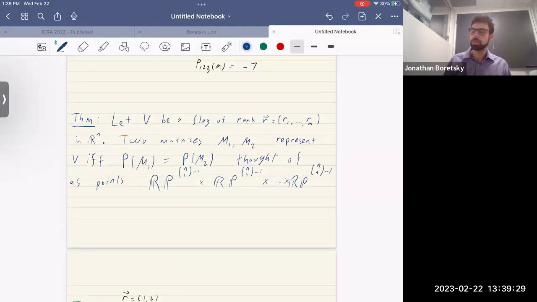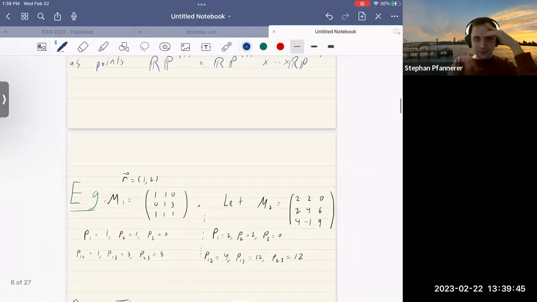Okay, so the Plücker coordinates should agree, except if you have all the Plücker coordinates with index of size 3, for example, you can scale all those Plücker coordinates simultaneously. Two matrices represent the same flag if and only if these represent the same multi-projective point.